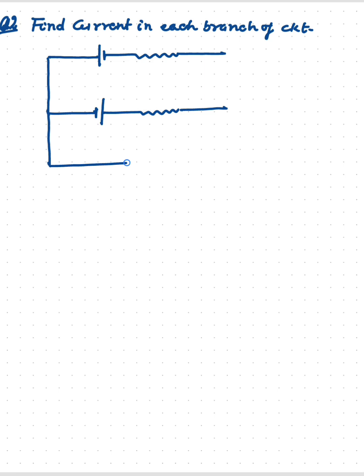This is the battery connected and this is one resistance connected here, and this is another battery, polarity is like this, and one resistance is connected like this. Okay, and one resistance is connected like this.